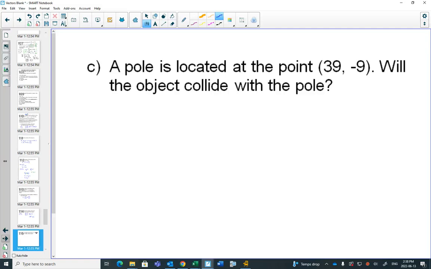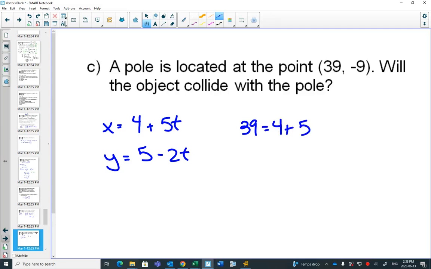If this is the case, we have our equation of our line, we have our parametric equations. Our parametric equations were x equals 4 plus 5t, and y equals 5 minus 2t. If you plug in the point, then you would have 39 for x, and you would have negative 9 for y.